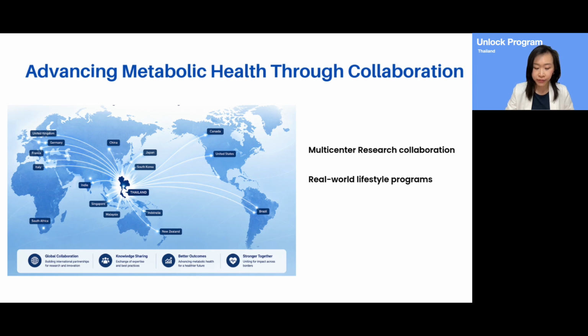We are actively seeking collaboration in 3 areas: multi-center validation studies across Asian populations, glucotype-guided lifestyle intervention trials, and integration with metabolic screening and diabetes prevention programs.